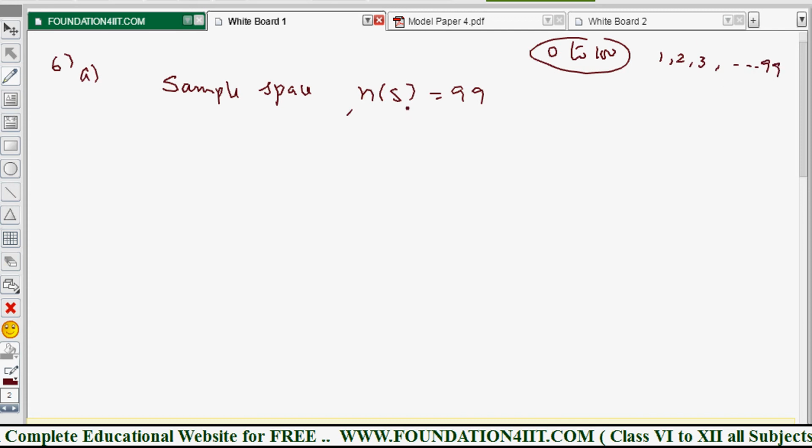So this is the sample space, n of S is equal to 99.